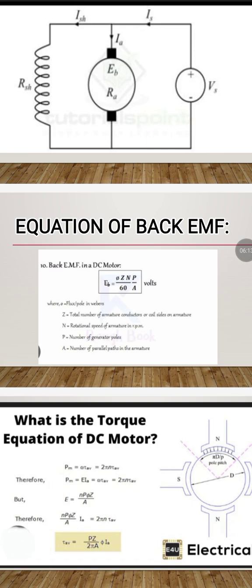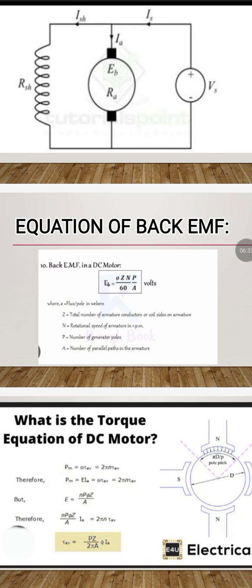Hence the final equation is TA equals 1 upon 2 pi into phi into Z into P upon A into IA.